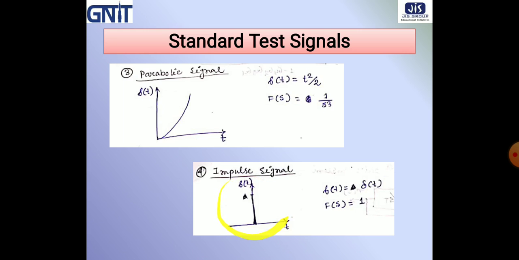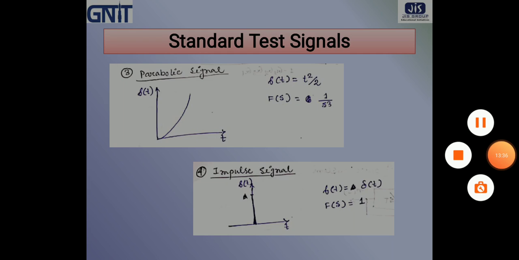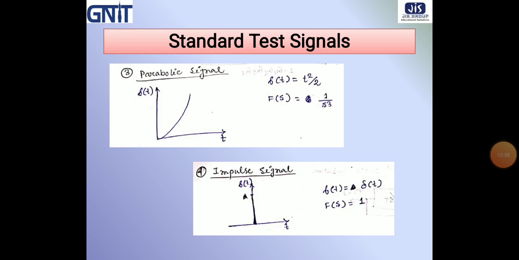So at t = 0 there will be a high magnitude, and for the other values of t the value of f(t) will be 0. So f(t) = δ(t). We can write the impulse signal as δ(t). If we apply the Laplace transform here, we get F(s) = 1. Okay, so this is our impulse signal.